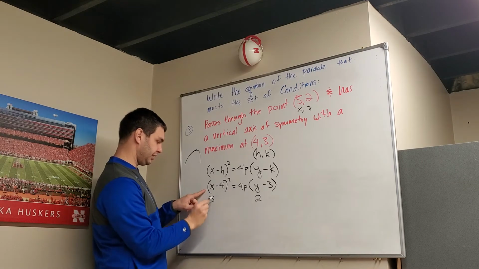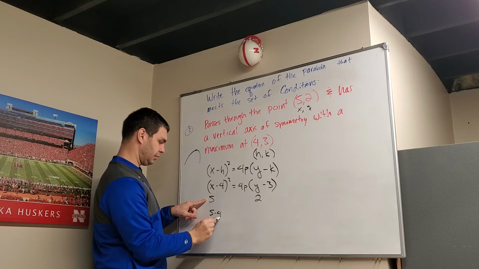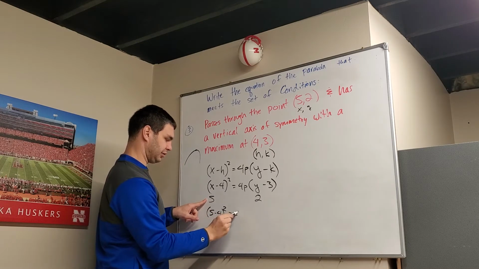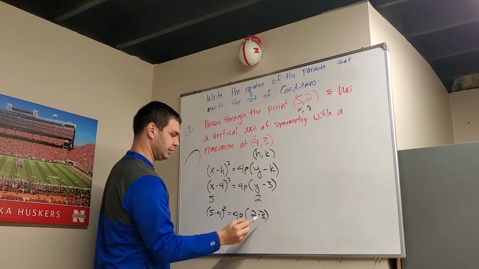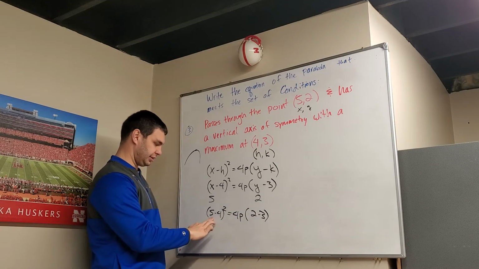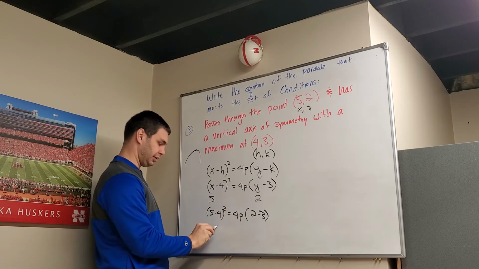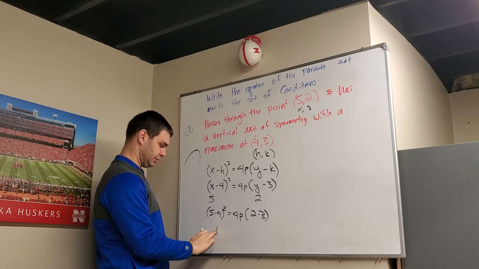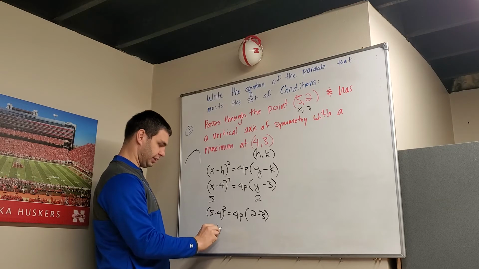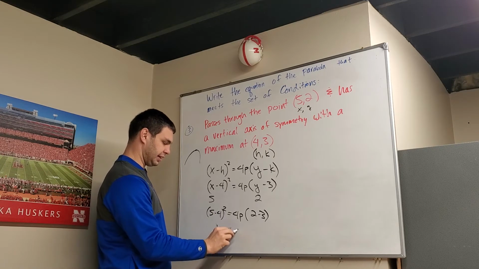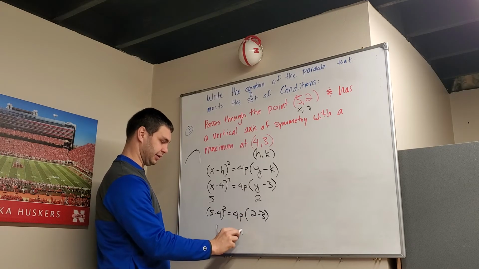So if I do that, let's see here, (5 minus 4) quantity squared equals 4p times (2 minus 3), like this. All right, if we simplify this, 5 minus 4 is 1. 1 squared is 1 equals 4p times (2 minus 3), which is a negative 1.